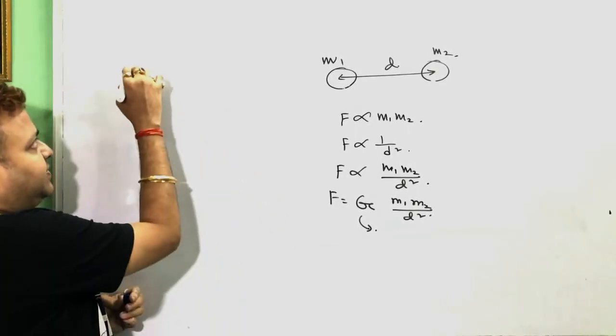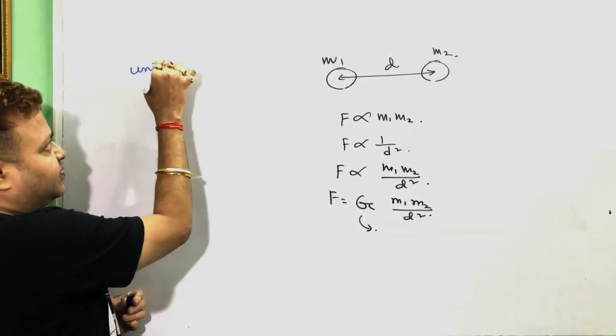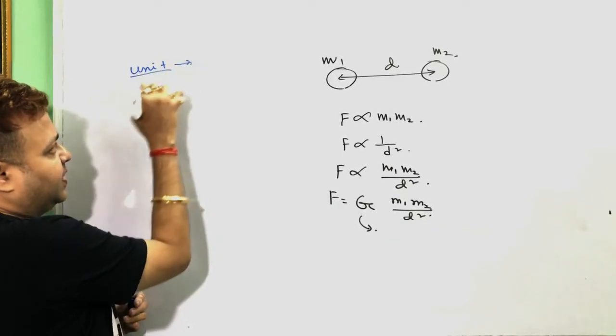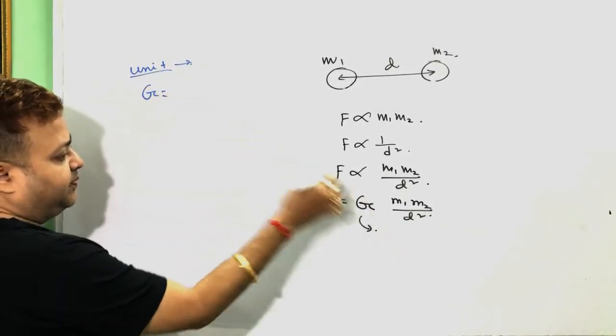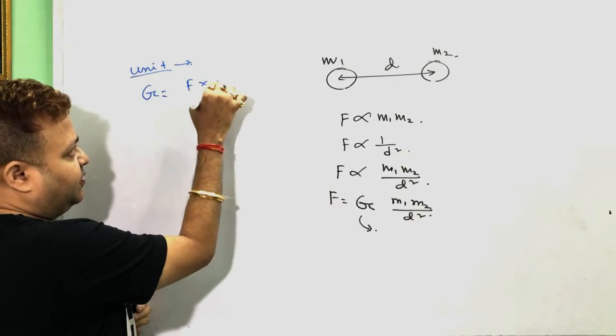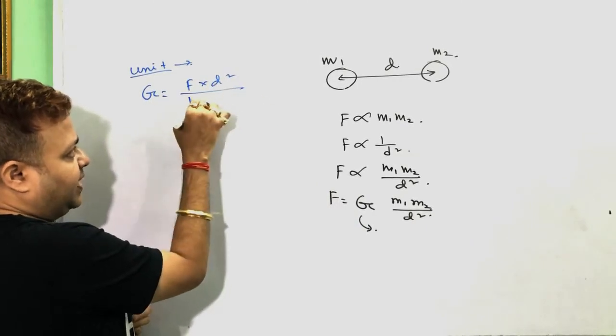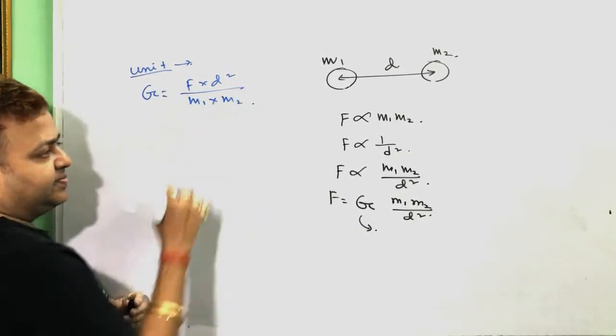And the unit of G: G equal to F into d square by m1 into m2.